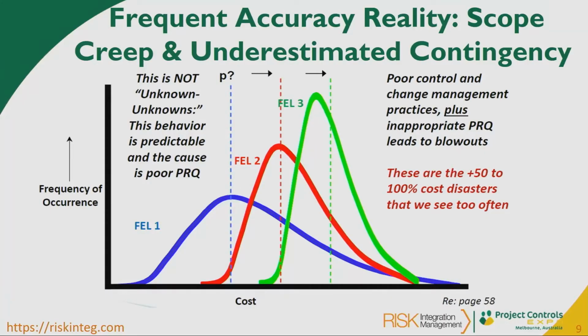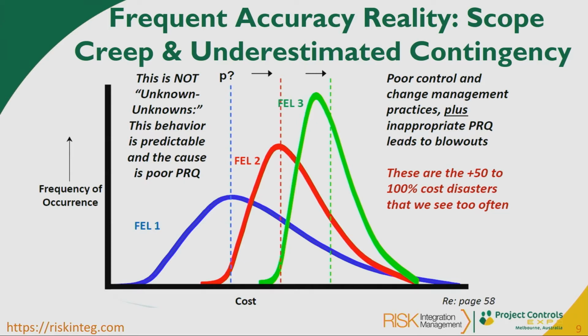However, the reality is more like this, that as more of the scope is defined, we get a creep of the estimated contingent value of the project, and Holman is quite agitated about the use of the term unknown unknowns.